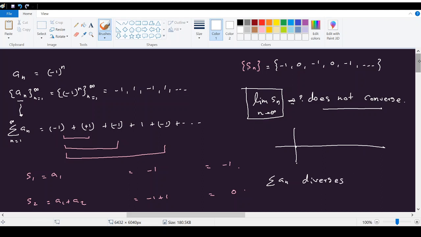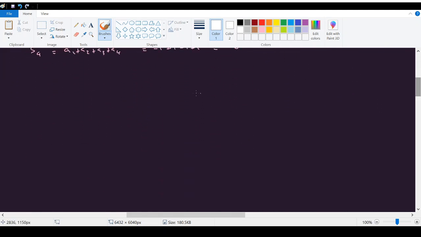So simply, if we have a series like this and the partial sum sequence like this, not the sequence a_n, don't get these two things mixed up. Here we are considering the sequence of partial sums.